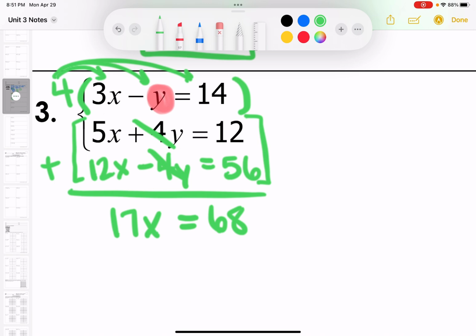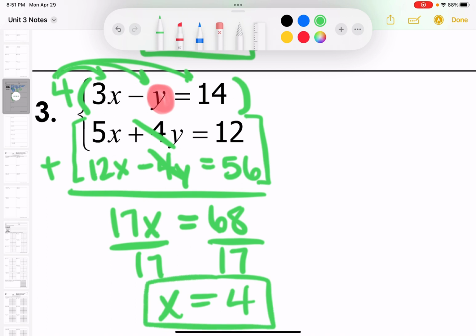All right, my last step is to divide both sides by 17. So x is going to equal 4. Now I'm going to plug that into one of my original equations.